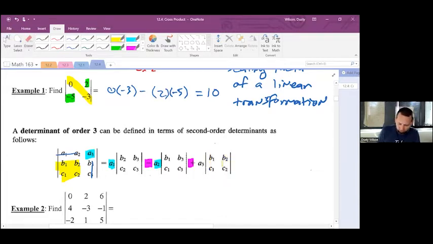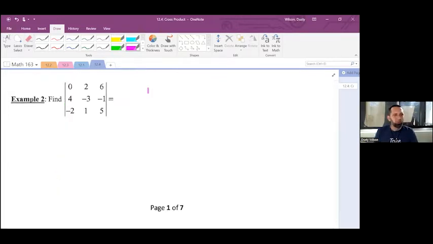Let's do an example because this can look a little bit confusing, but it's actually pretty straightforward. Example 2. Let's find the determinant of the matrix 0, 2, 6, 4, negative 3, negative 1, negative 2, 1, 5. To do this, we're going to expand across the first row.